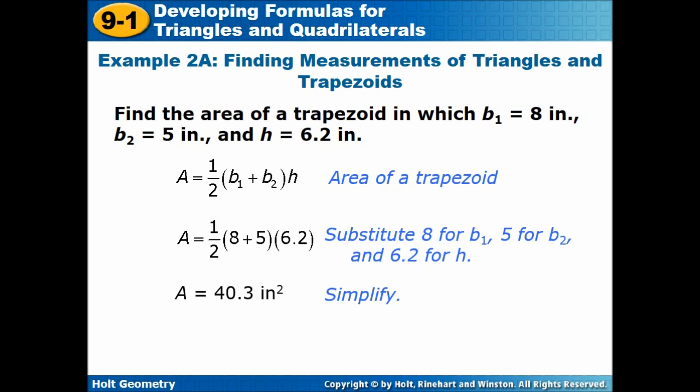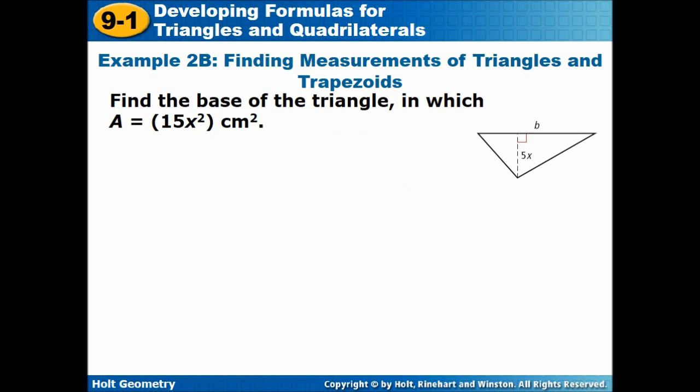So not too tough. Now let's do this for a triangle. We're going to find the base of the triangle in which the area equals 15x squared centimeters squared. We're going to start with the area of the triangle, and the area is 1/2 the base times the height.